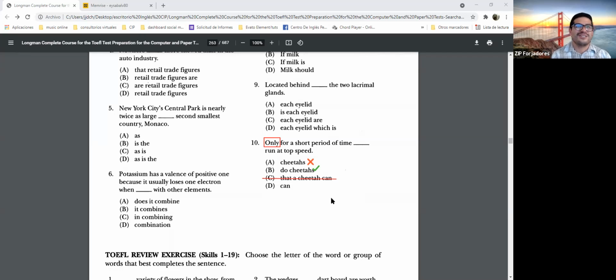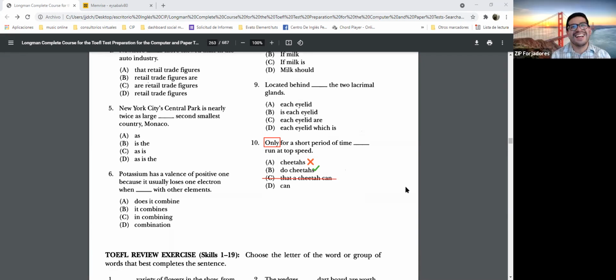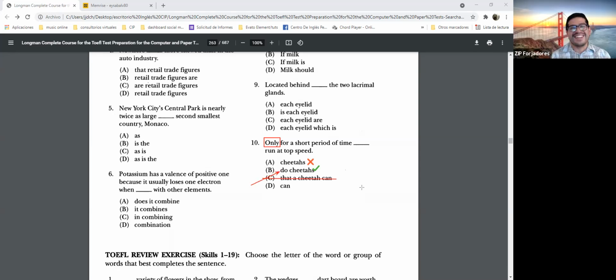So I am between A or B. The problem is that I start the sentence with "only," and "only" is a negative expression. I was confused because I said, if I choose letter B, I have two actions, but I forgot that it's the auxiliary. Exactly, it's the auxiliary. That's the answer.